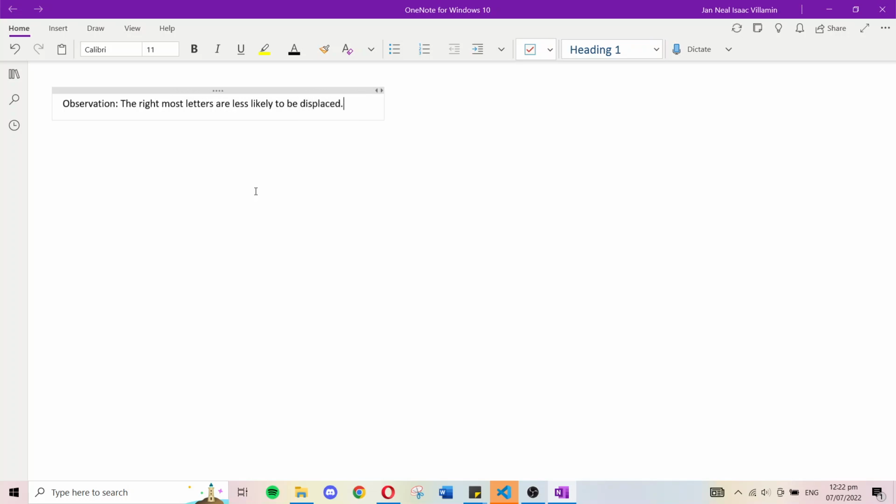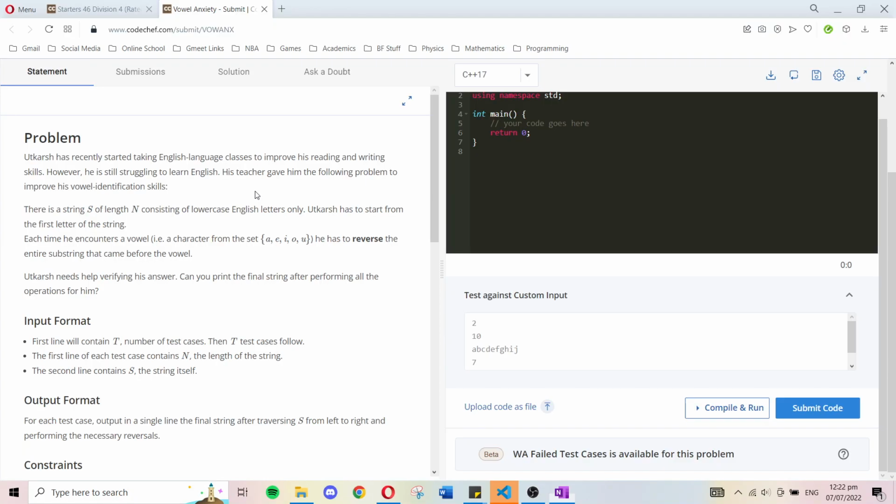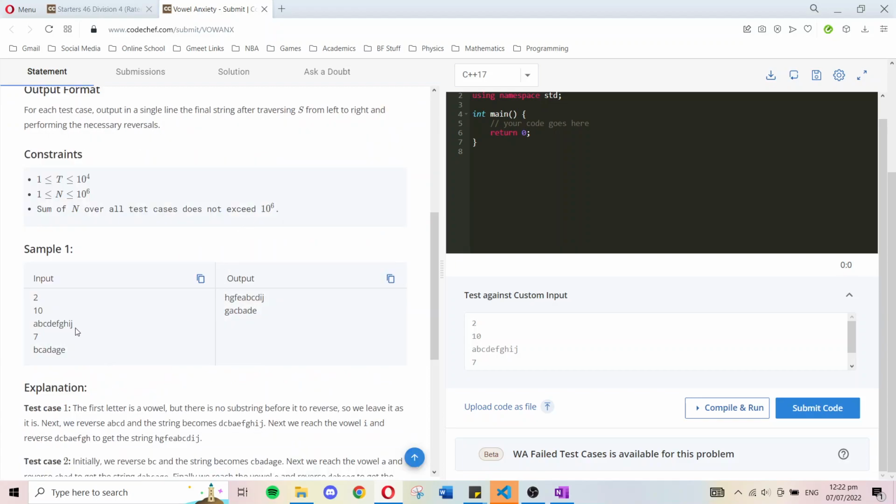This is just a heuristic, not a rigorous observation. What I mean is, look at this: J is not going to get bothered. H will only be reversed once.